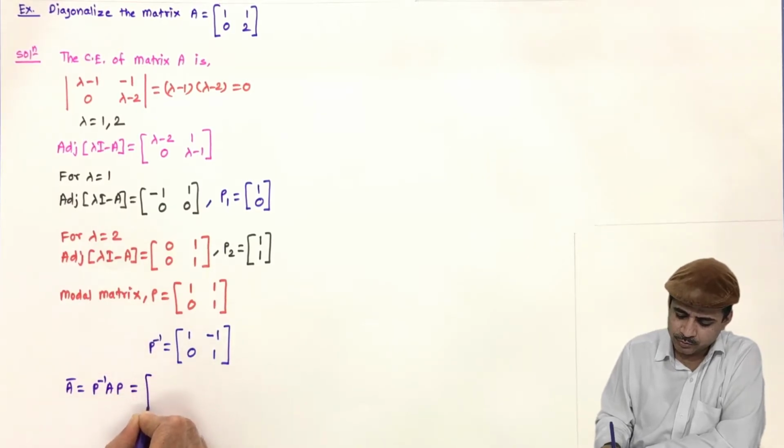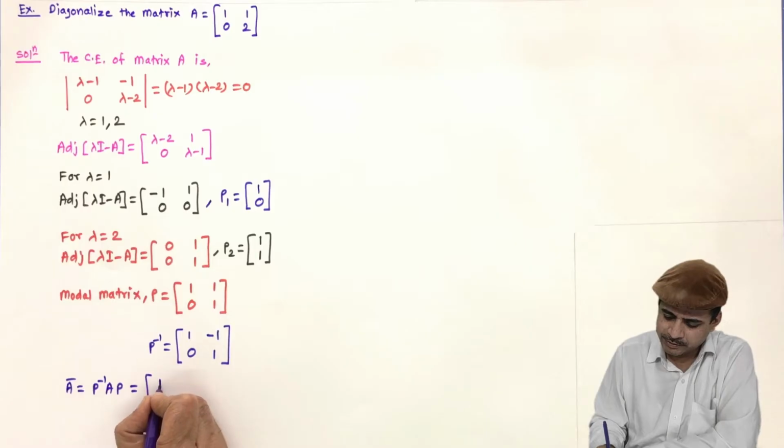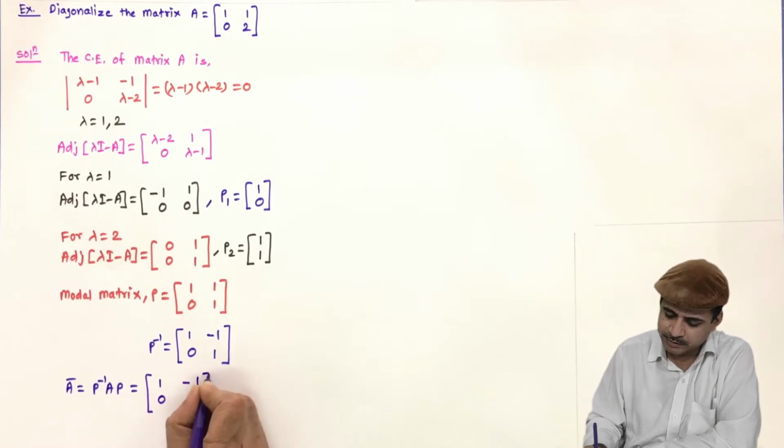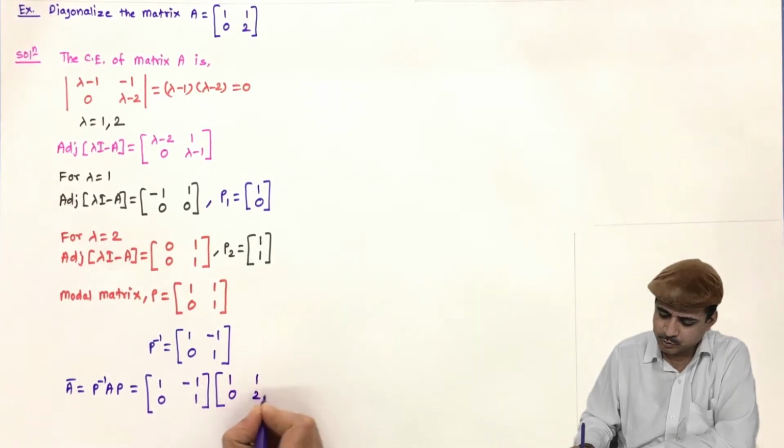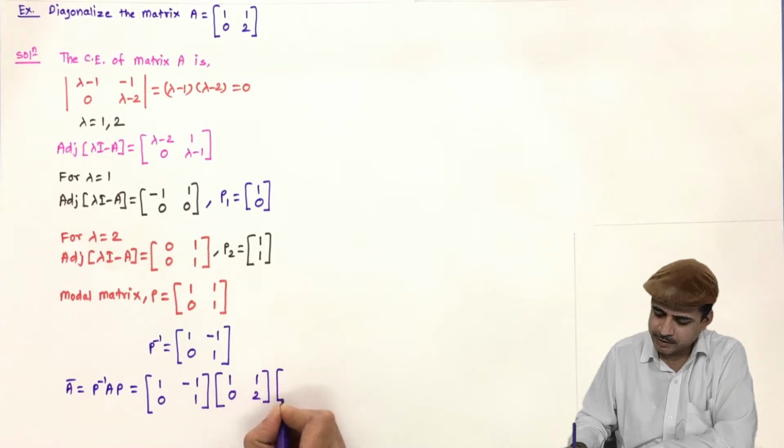That is equal to P inverse, which is [1, minus 1; 0, 1], times matrix A, [1, 1; 0, 2], and matrix P, [1, 1; 0, 1].